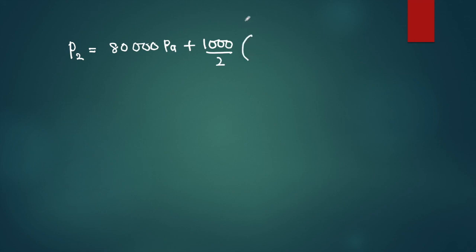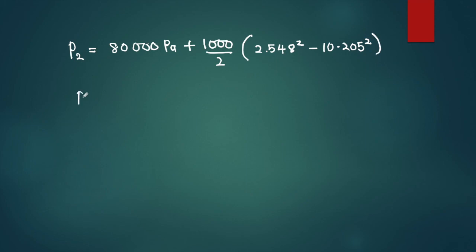So we will get P2 equal to, P1 is 80,000 Pascal, plus the density of water, 1000, divided by 2, times the velocity at point 1, 2.548 square, minus 10.205 square.